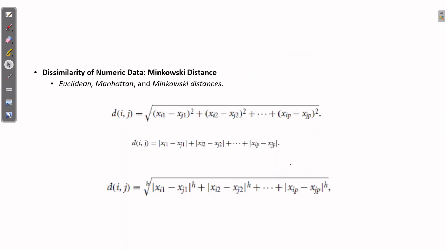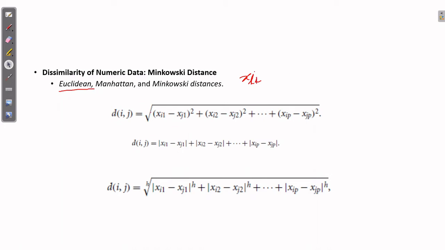Now moving on to numeric data types. Numerically, what is very commonly used is Euclidean distance, as we know. That is what is given here. The distance between two objects i and j, where each object is represented as xi1, xi2, up to xip.